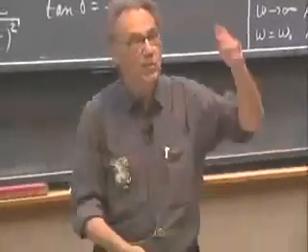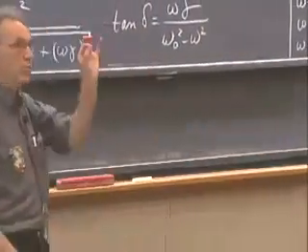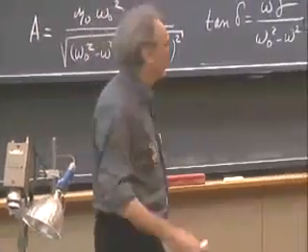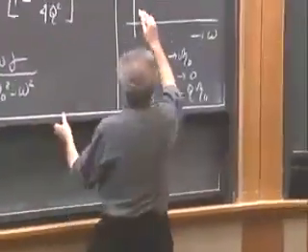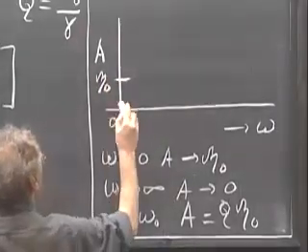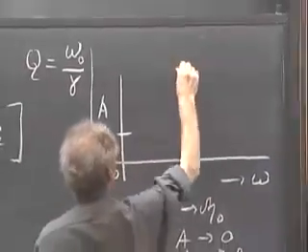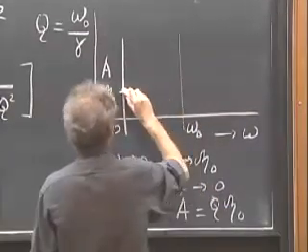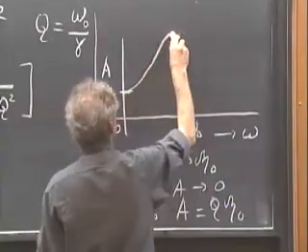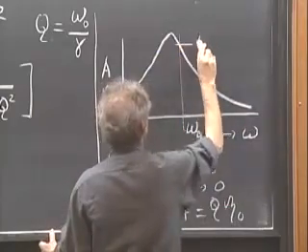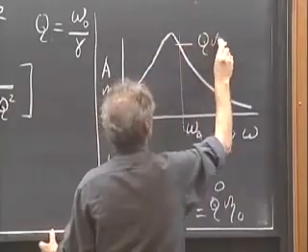At that omega 0, you always get Q times more than your driver. If Q is 100, you'll get 100 times the amplitude of the driver. And so here, you get eta 0, if omega is 0. And then when you reach that omega 0 frequency, you come out high, and then it goes back to 0, and this point here is Q times eta 0.